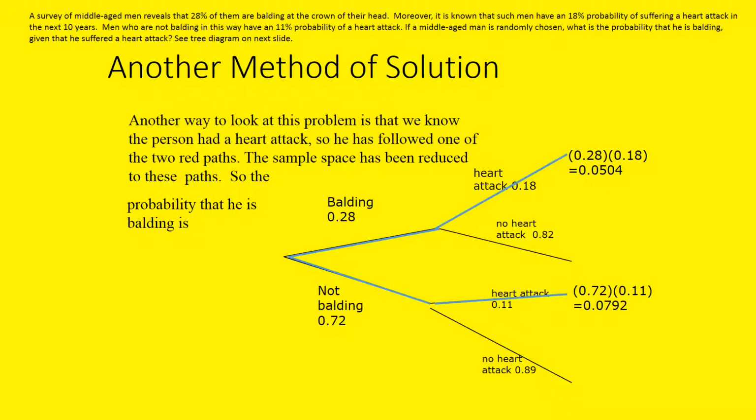Another way to look at this problem is that we know that the person had a heart attack, so he has followed one of 2 red paths, which on my screen look like blue paths. The sample space has been reduced to these paths. Just as we mentally blocked out part of the Venn diagram earlier, now we're mentally blocking out part of a tree diagram, concentrating just on the red or blue branches, not the black branches.